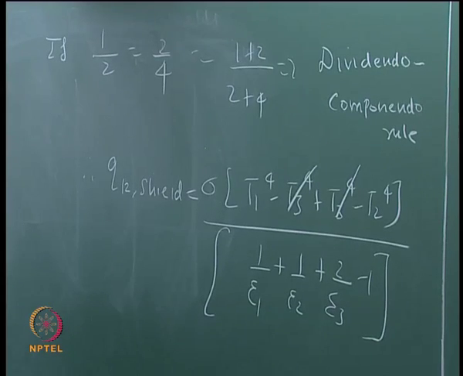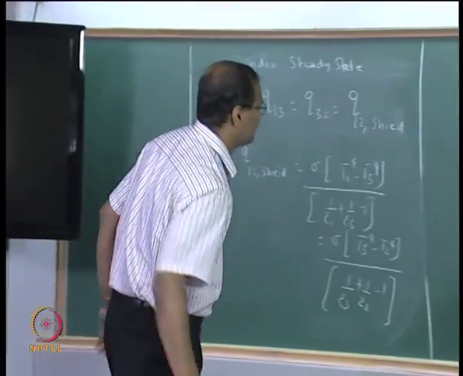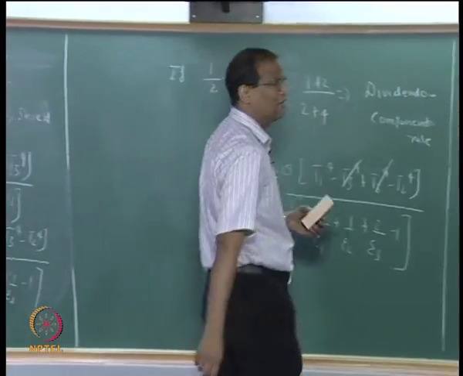You can get the same result with a lot of labor if you were not to use the rule. Still it is possible, you can substitute for T3 from here, cross multiply, and do all that. Now you can assign numbers to this if you want.